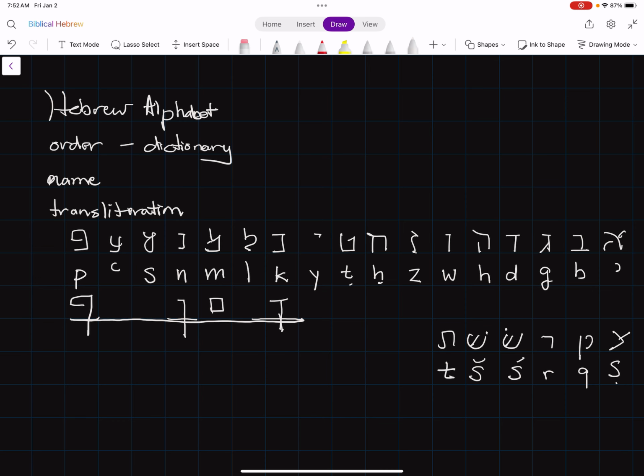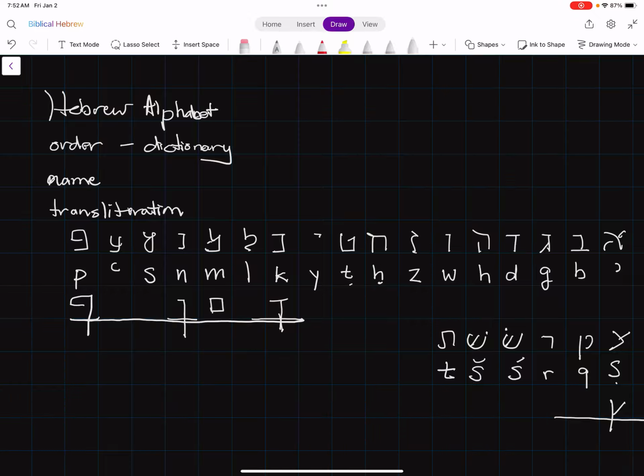And then you have Sade. So these 5 letters have a different form when they end a word, because again, in ancient Hebrew there were no spaces between words and there were no punctuation marks.